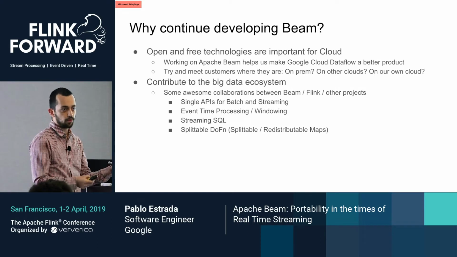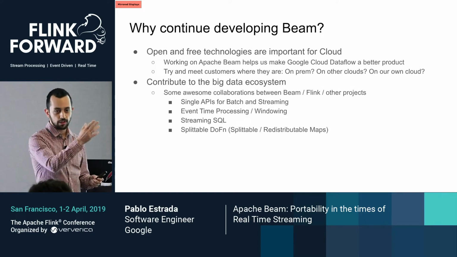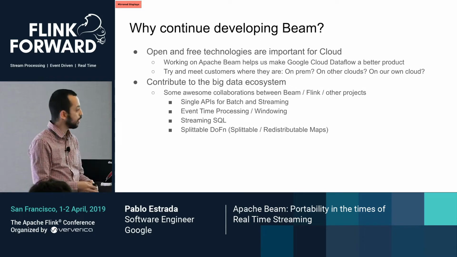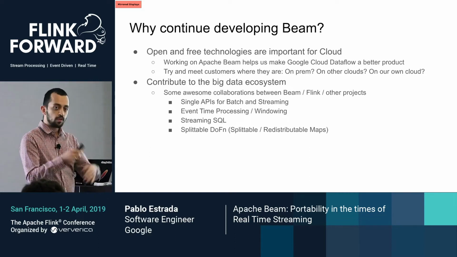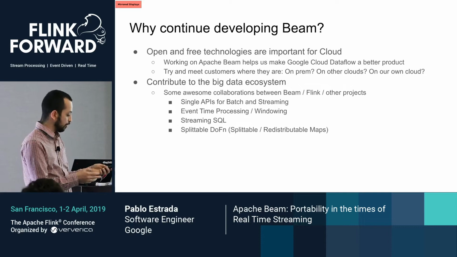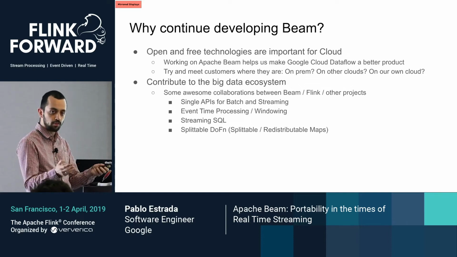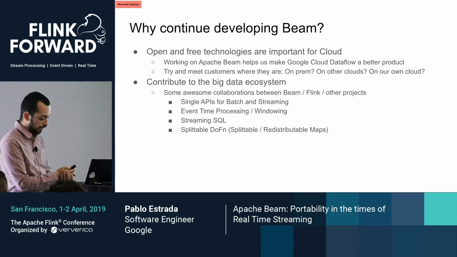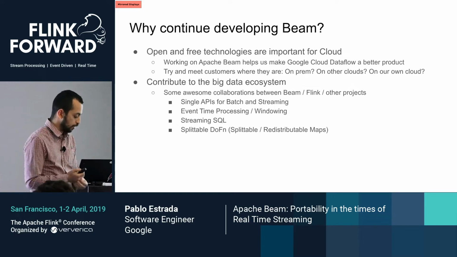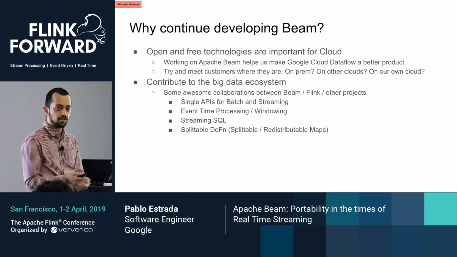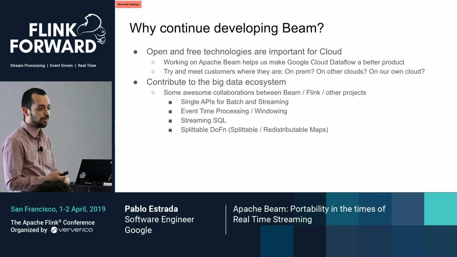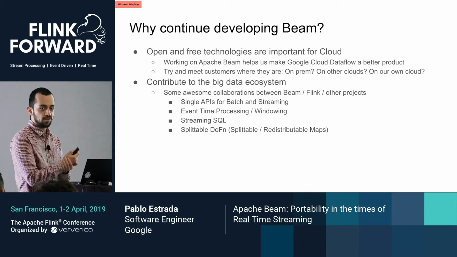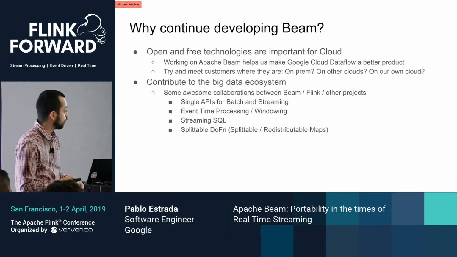So if perhaps you have some sensitive data that you don't feel comfortable moving to the cloud, and you want to have a deployment on-prem, or you run on another cloud, and you have your Flink cluster or whatever, you can ideally write your pipeline in Beam and run it there, right? That's one reason. Another reason is that we're also a bunch of engineers, and I personally am thrilled to work on open source, and I think we enjoy all of the collaborations that there have been between open source communities.